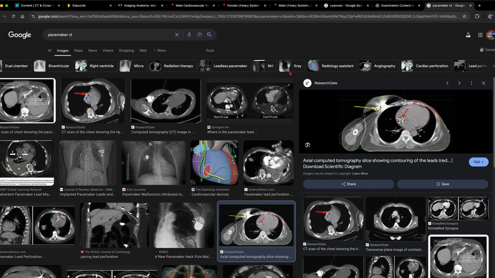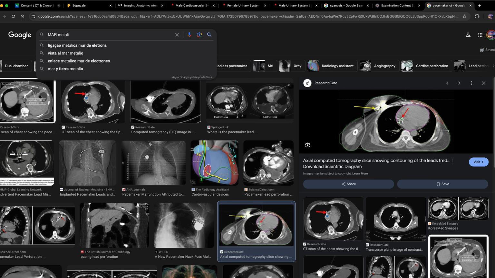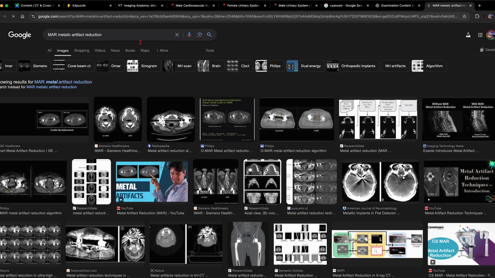Also, a lot of CT scanners now have what's called MAR, which is metallic artifact reduction, or removal or reduction, I think, depending on the machine, but we call it on GE metallic artifact reduction.